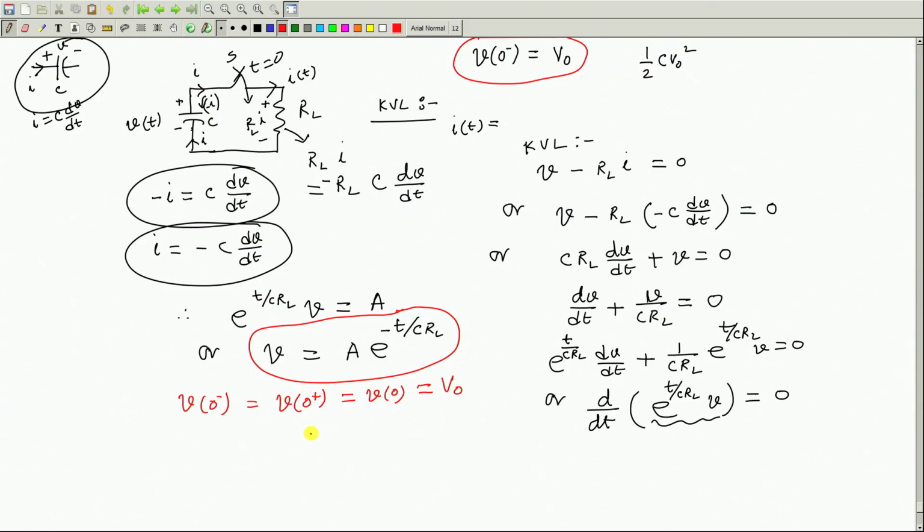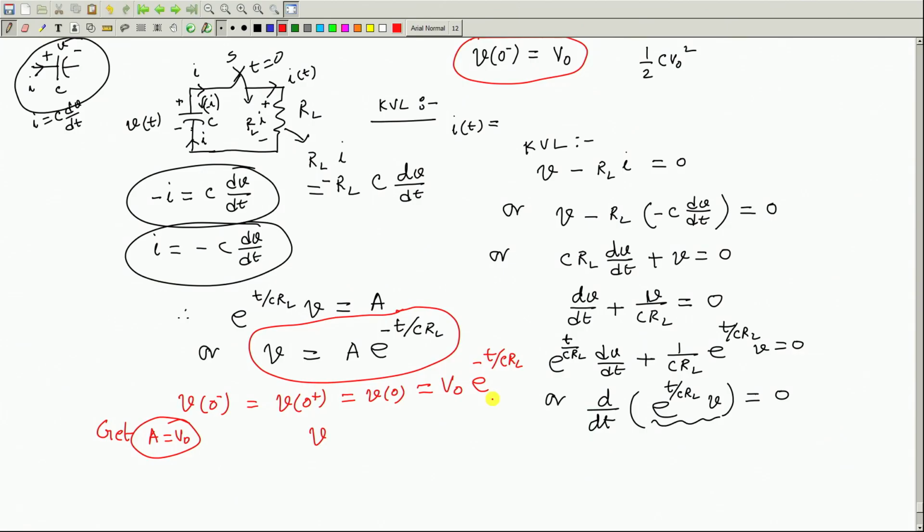Therefore, by substituting this boundary condition, you get A to be equal to V 0, because at t equal to 0 this is 1 and V is equal to V 0.